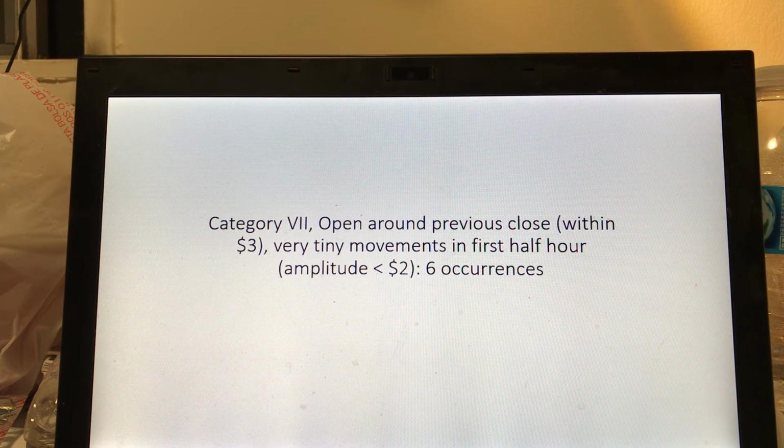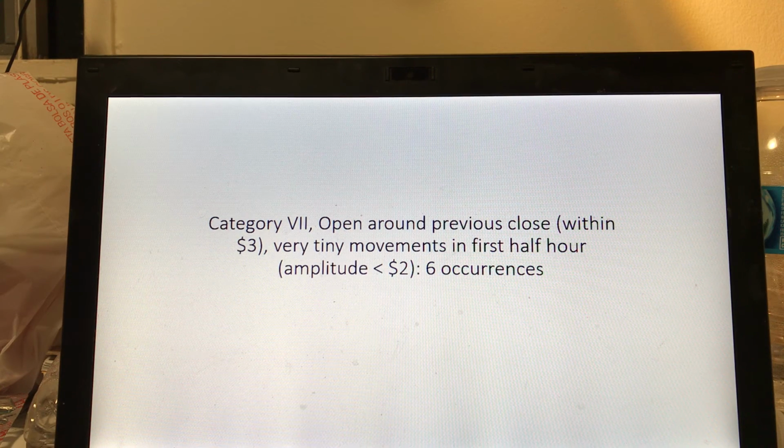The seventh case, and the last case, is that the stock price opens around the previous closing price within $3, and you can see very tiny movements in the first half an hour. The amplitude can be less than $2.